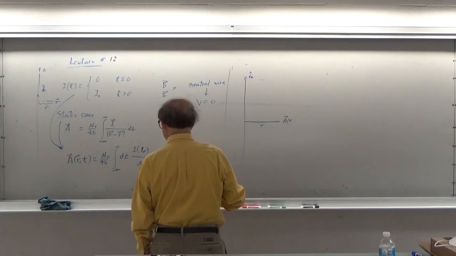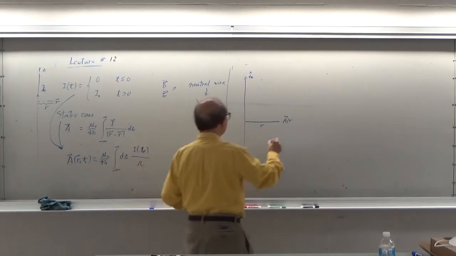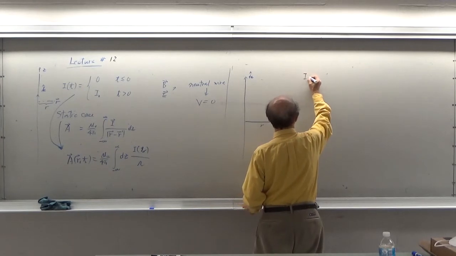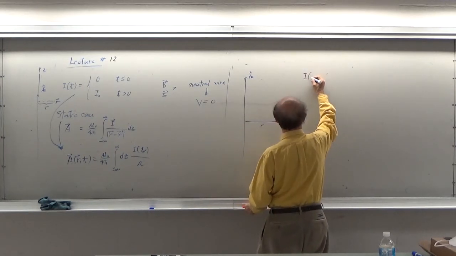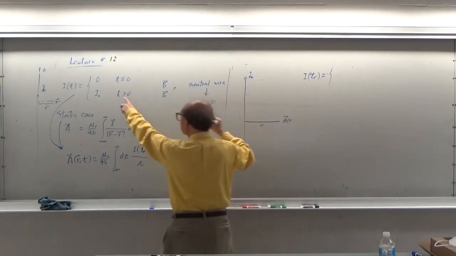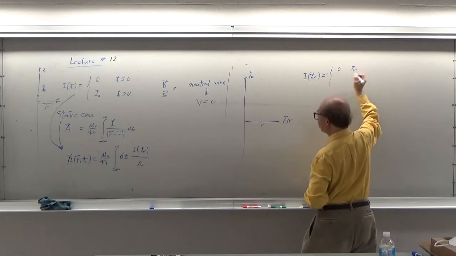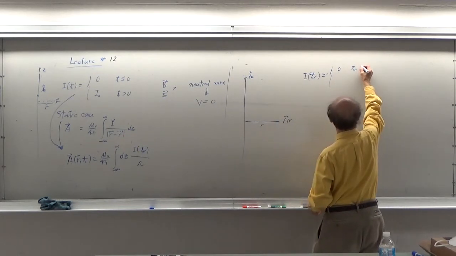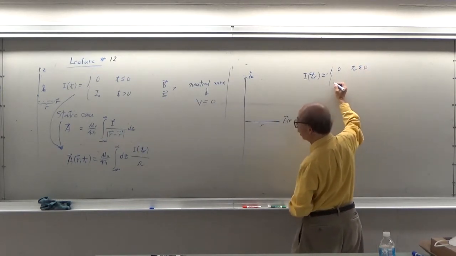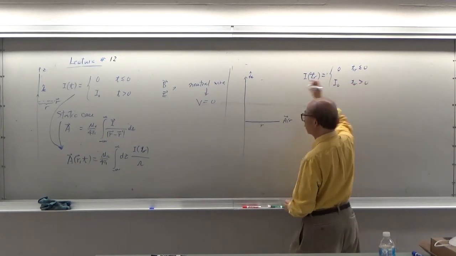All right. So now in the integrand we have to use the current at the retarded time, which of course is 0 for TR less than or equal to 0, and I naught for TR greater than 0.